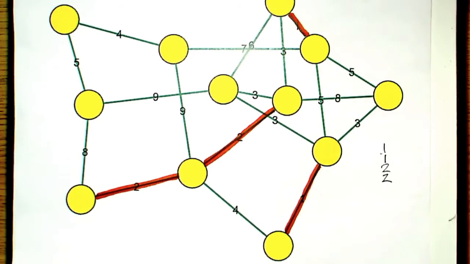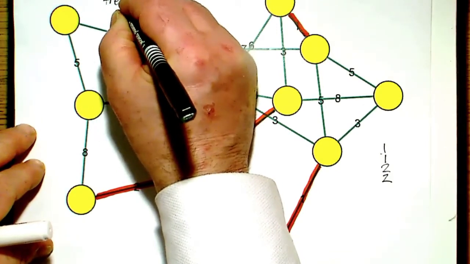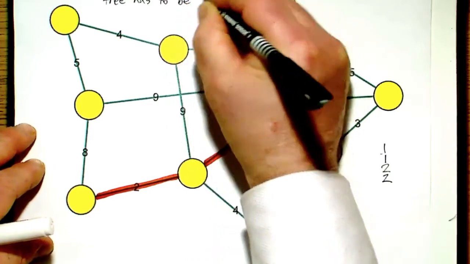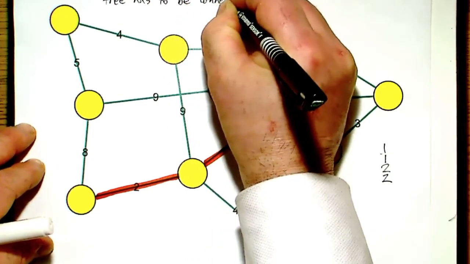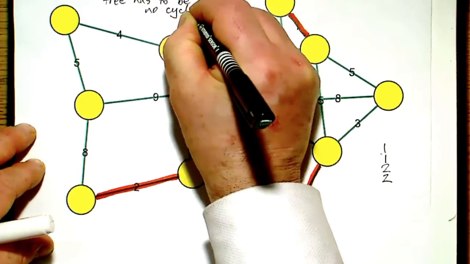What we have now, is that a tree? The red edges, do they form a tree? No, because it's not connected. A tree has to be connected and with no cycles. Well, certainly there are no cycles, that's okay.